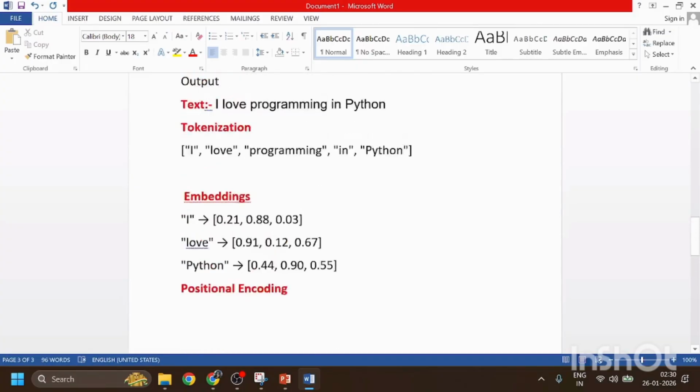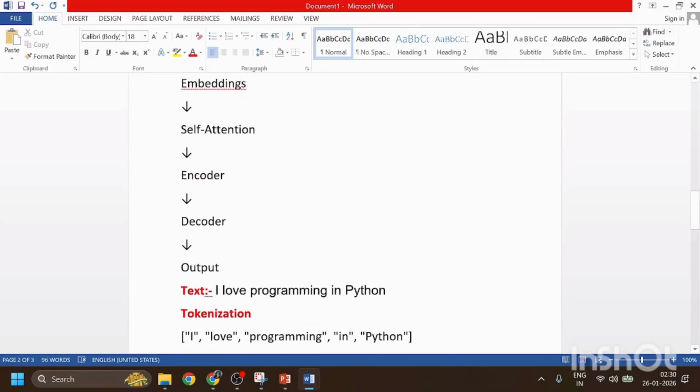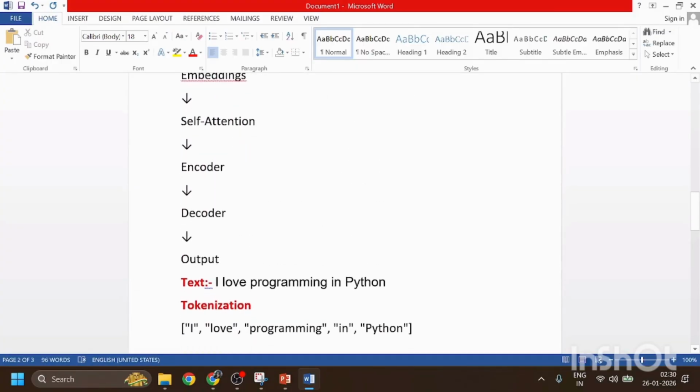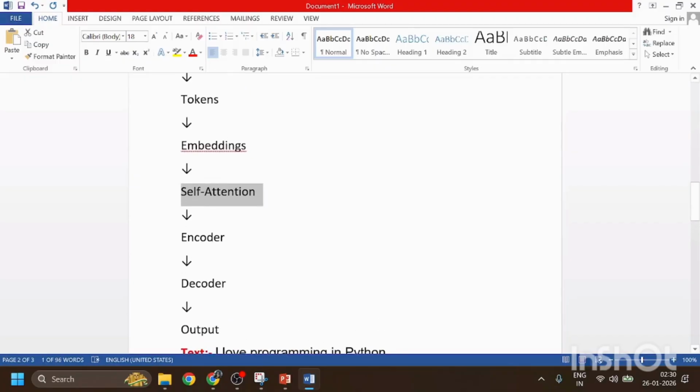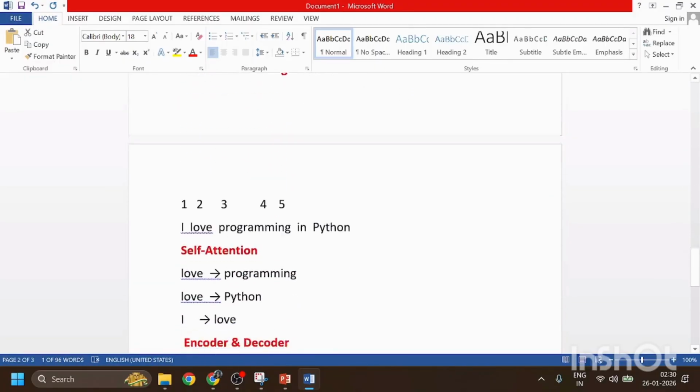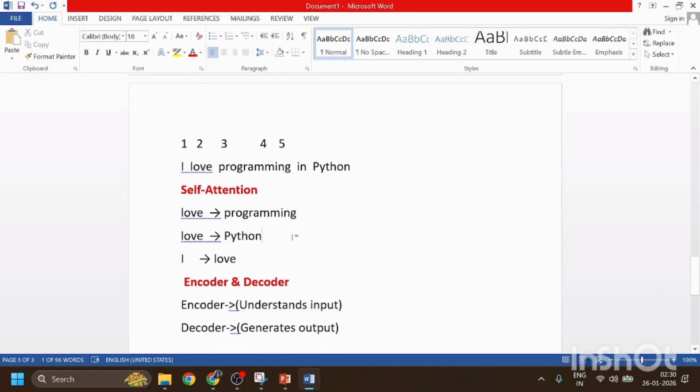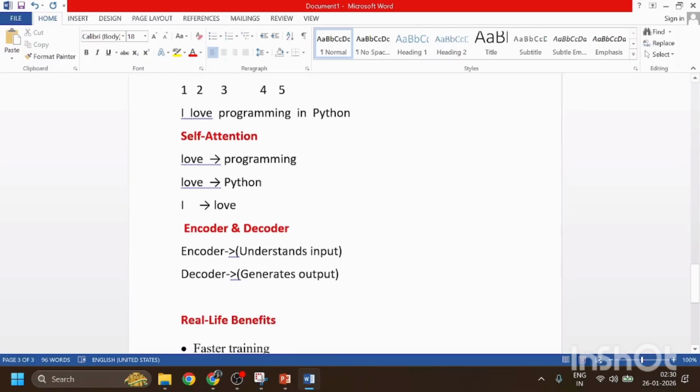After positional encoding we move to self attention. Self attention means words look at other words.